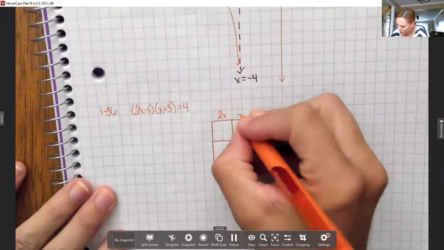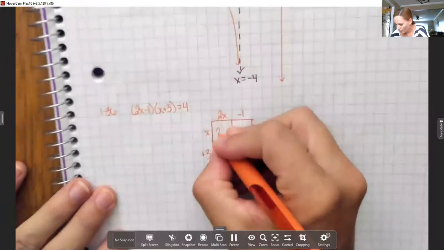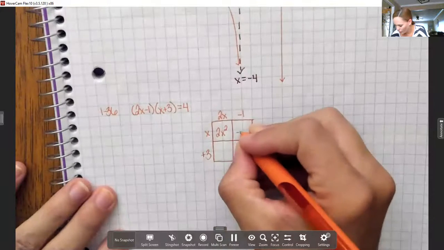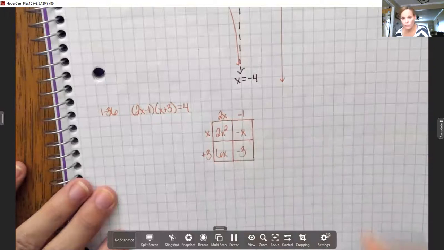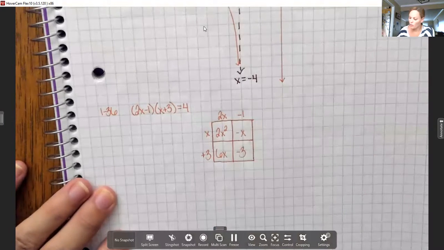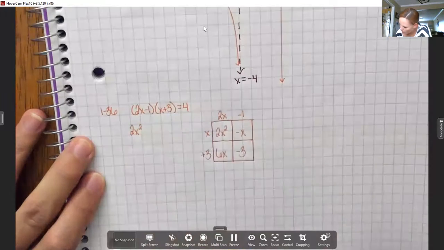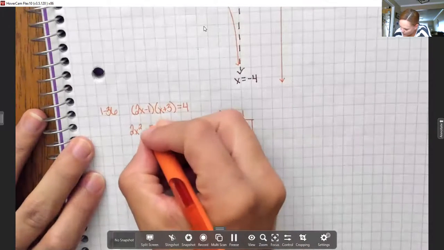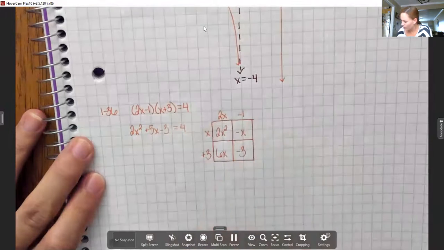So 2x minus 1 and x plus 3. So we have 2x squared plus 5x minus 3 equals 4.